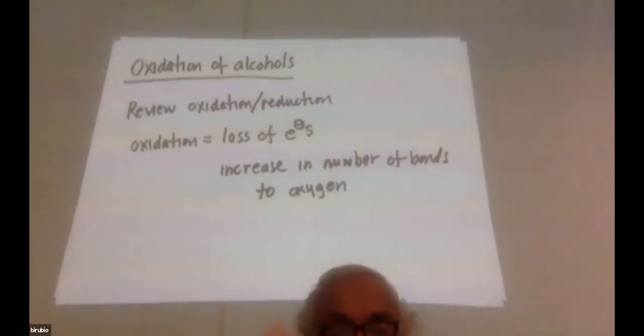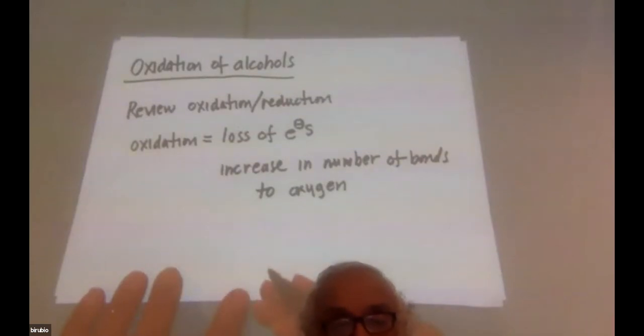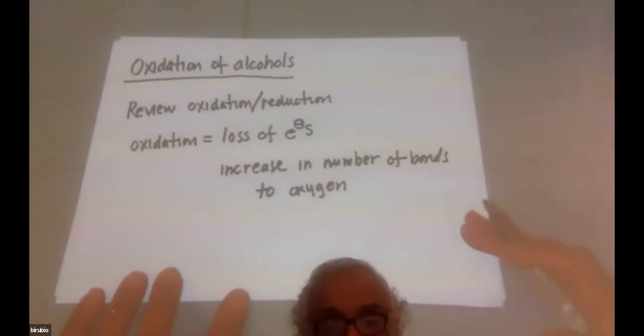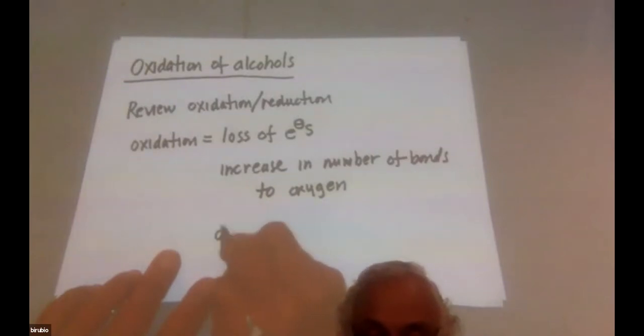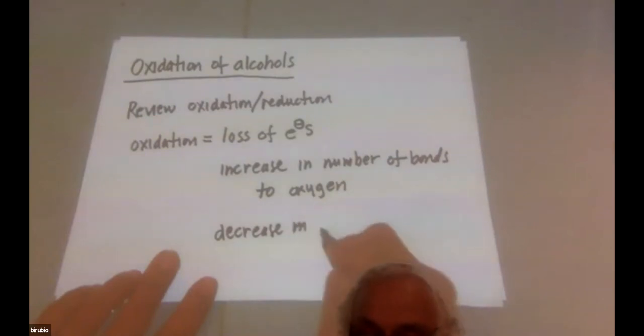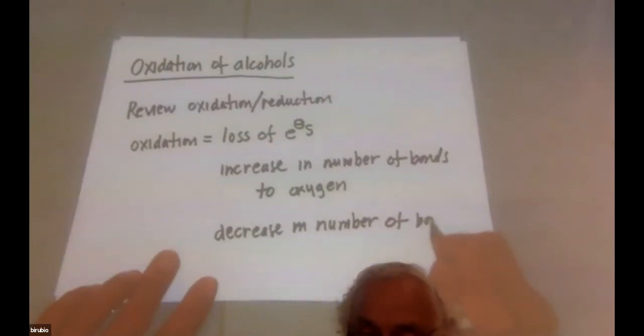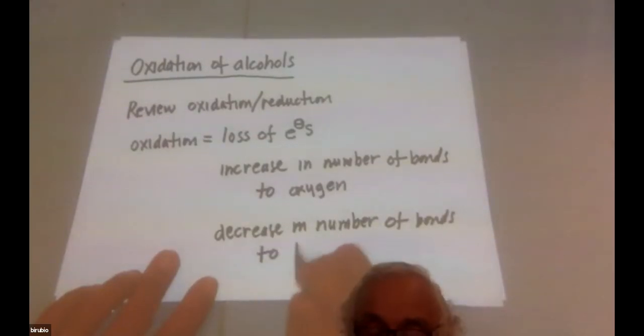Oh, that makes sense, right? That's why they call it oxidation, because what's going to happen when an organic molecule undergoes oxidation is that the number of bonds to oxygen is going to increase, not necessarily the number of oxygen atoms, but rather the number of bonds to oxygen. Another hallmark of oxidation is a decrease in the number of bonds to hydrogen.